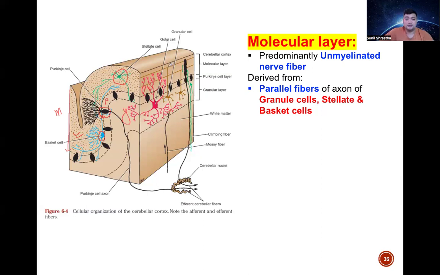So the parallel fibers in the molecular layer basically contain fibers coming from the stellate cell. These are the stellate cell fibers, these are the basket cell fibers, and this fiber is actually coming from the granular cell.